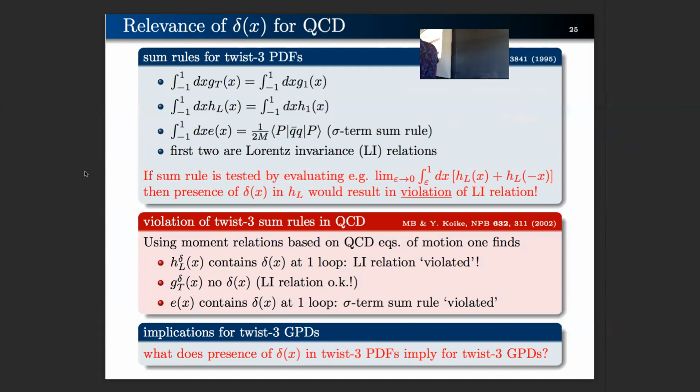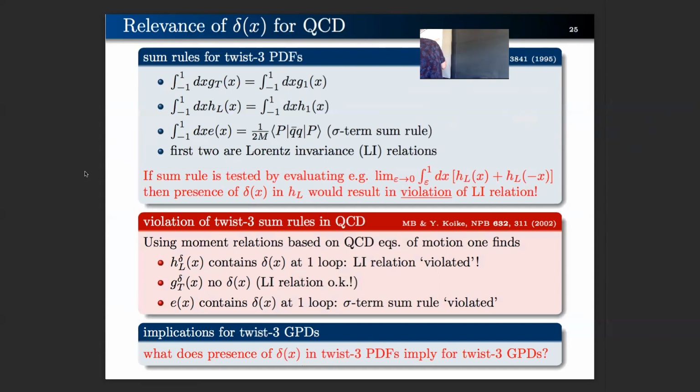For H chirally odd, you can derive something similar between H longitudinal and H1. And for the scalar E of X, there's the sigma term sum rule that relates the sigma term to the integral of E that Anselm talked about last week. So they have plans to measure E as well.